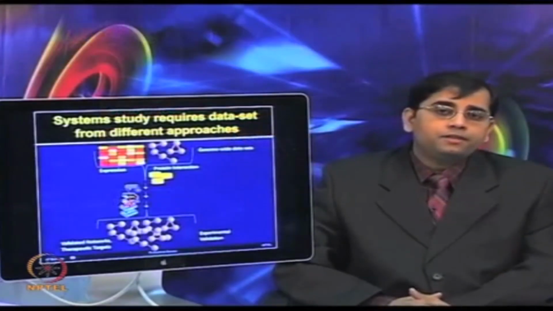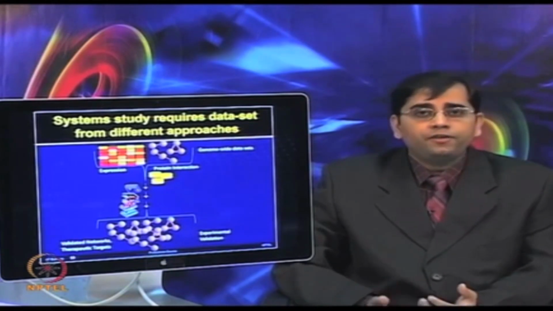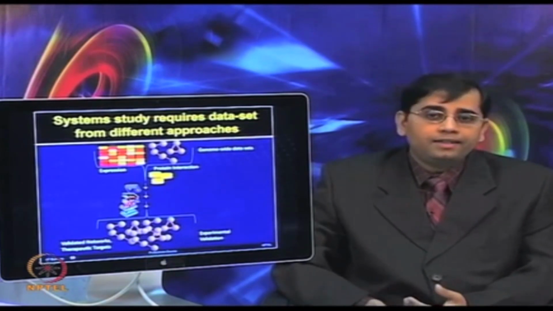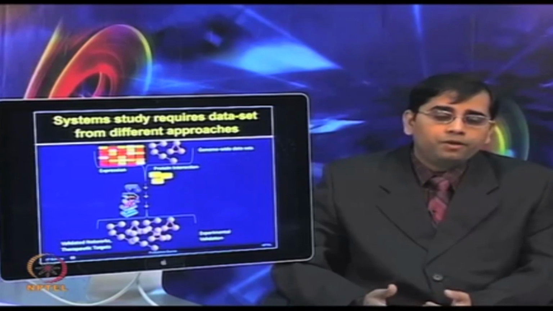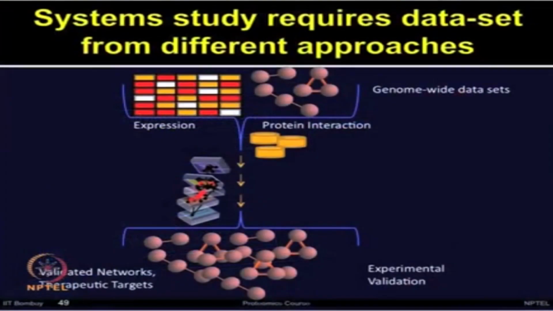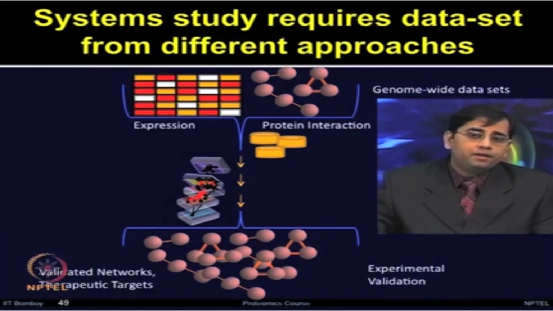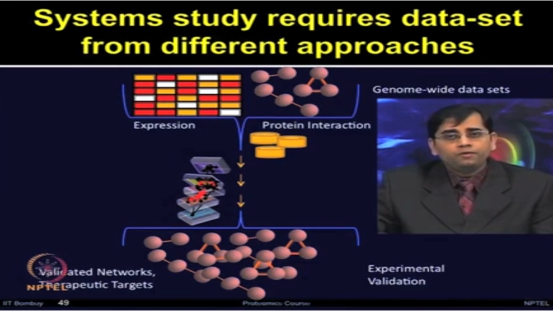The system study requires obtaining data sets from different approaches and analyzing them. For example, as shown in the slide, the genome wide data sets can be derived at the genome level and looking at the expression of the different transcripts, or at the proteome level looking at different type of protein interactions.